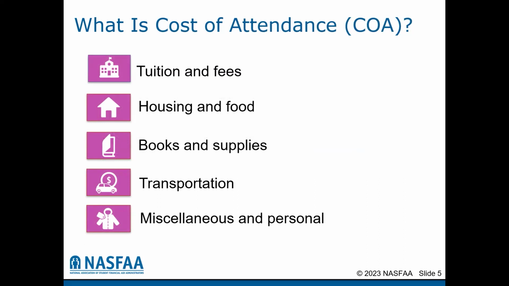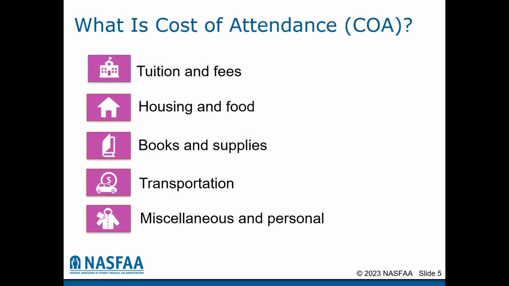Let's dive into cost of attendance. The cost of attendance, or COA, is an estimation of the educational costs a student is expected to incur while they are enrolled, and usually includes the costs for a full academic year.